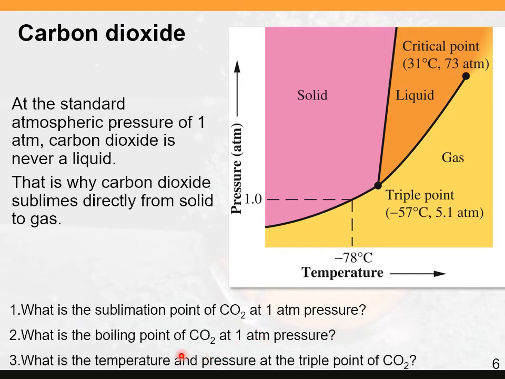And if you want to find out the temperature and pressure at the triple point, you need to find the triple point on the phase diagram and look at the temperature and pressure values. For carbon dioxide, and for this particular phase diagram, those values are given. The temperature at the triple point is negative 58 degrees Celsius, and pressure is 5.1 atmospheres.